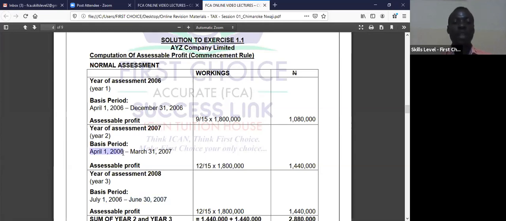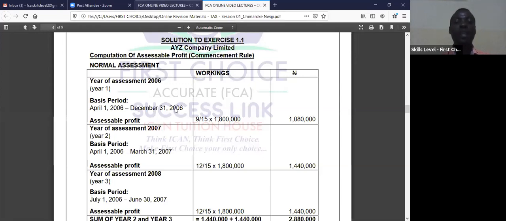If this one is April 1, you want to count how many months forward? Just count 1 day backward. What is yesterday's date? March 31. Then you add 1 more year, it's 2007. That's simple logic.